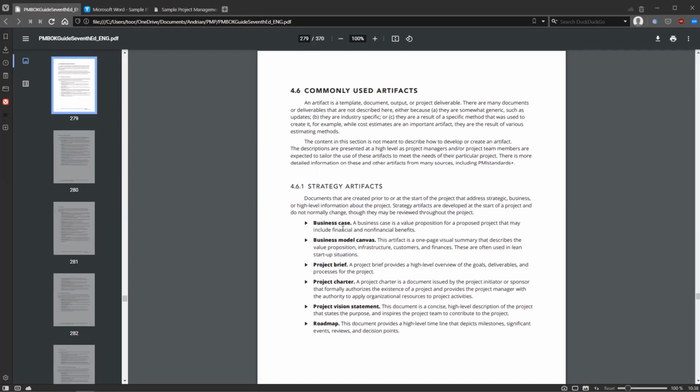So business case is basically, here it's described as value proposition, but basically an explanation of why this project is good, and potentially indicating profits or some other benefits that will happen if this project is executed. So let's say the company will make such an amount of money, or this change will enable certain positive changes within the company or within the client organization.